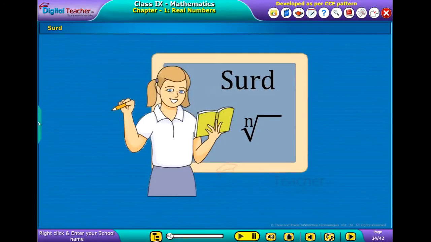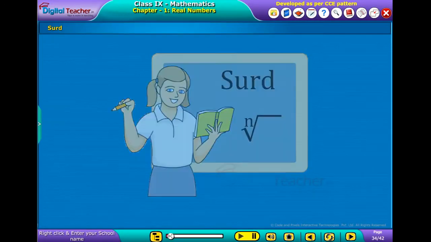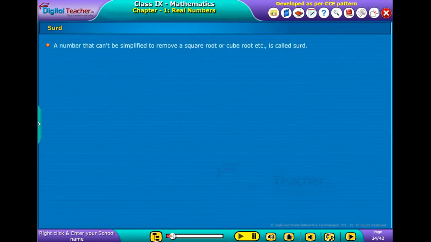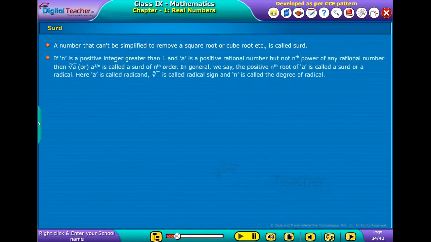Let us discuss surds. A number that can't be simplified to remove a square root or cube root, etc., is called a surd. If n is a positive integer greater than 1 and a is a positive rational number but not the nth power of any rational number, then the nth root of a, or a^(1/n), is called a surd of nth order.